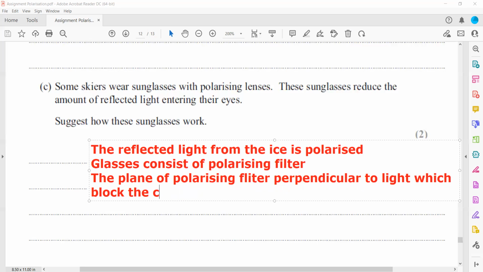You can use the term block or you can use the term absorb. That's how it reduces the reflection or the glare from the surface of ice.